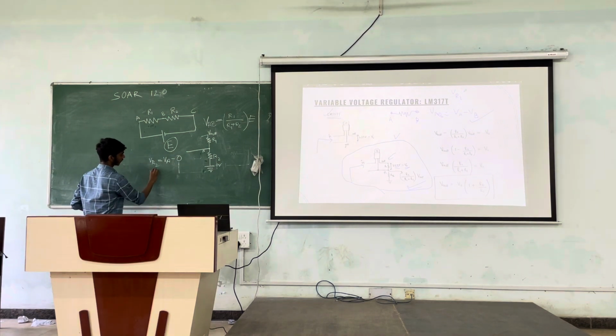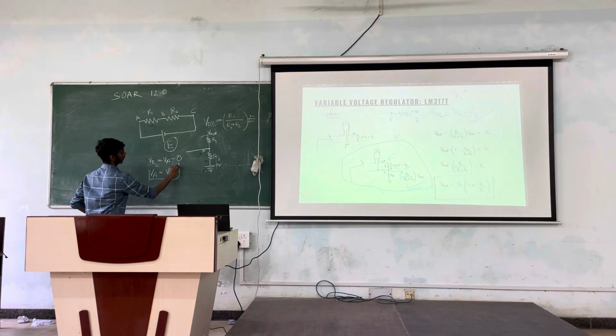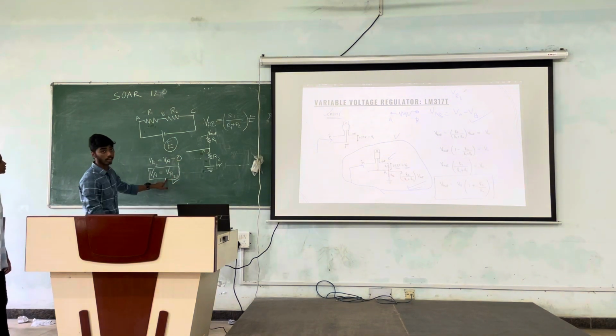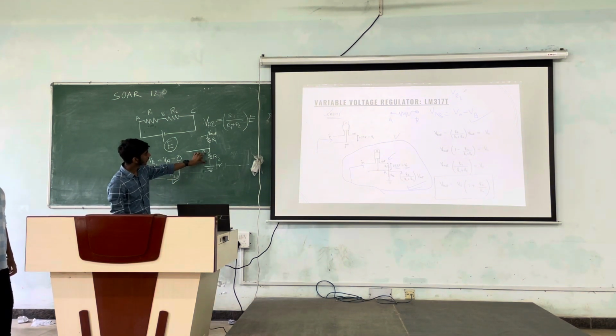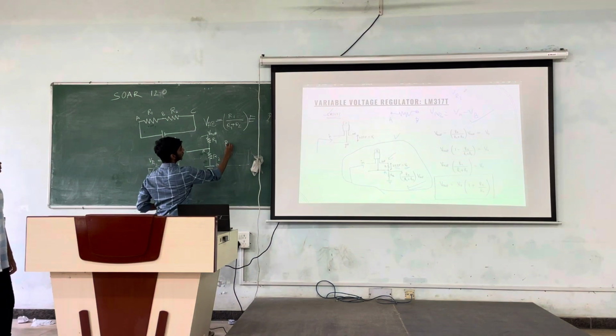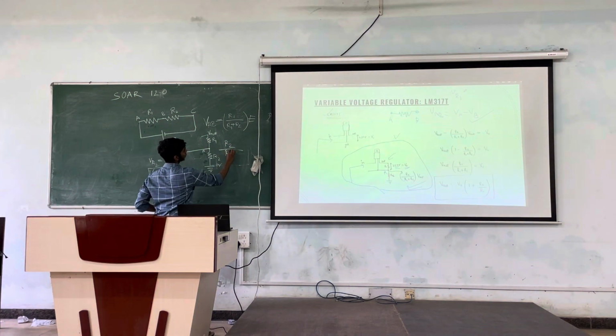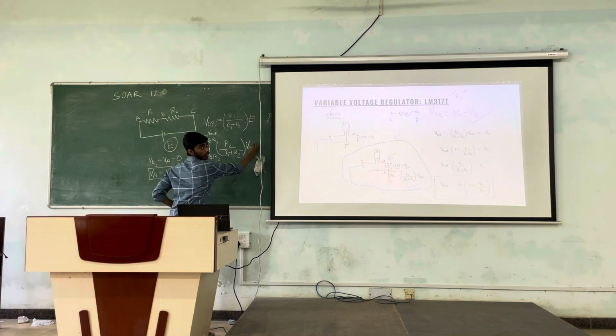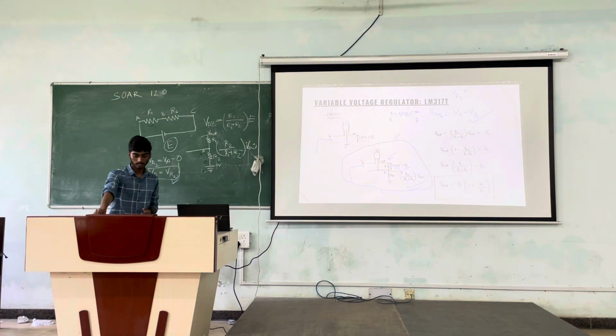So VA is equal to VR2. If we have to find VA, we need to find this VR2. VR2 is R2 by R1 plus R2 times V out. Hope this is clear now.